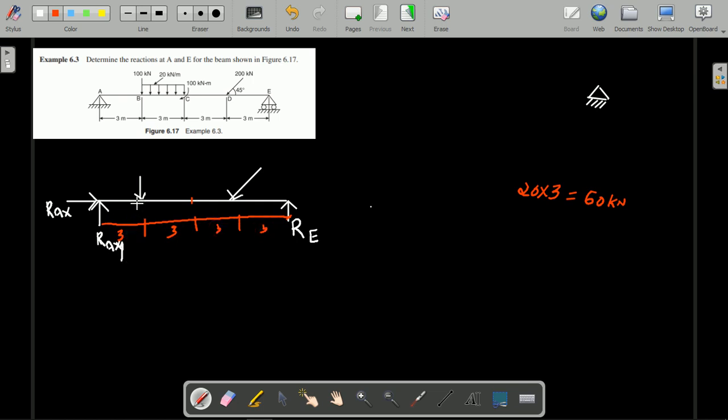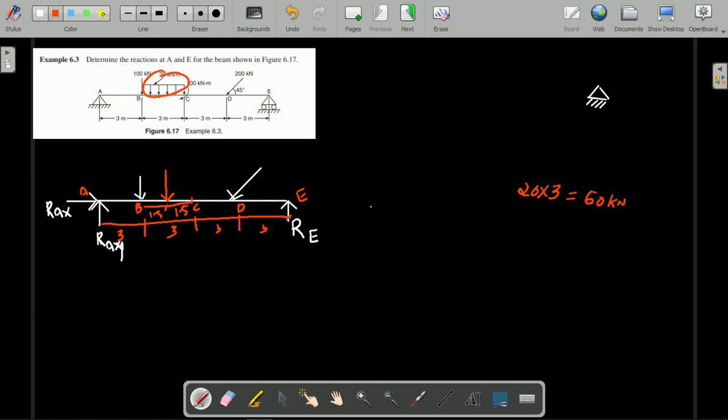So this is point B, point A, point C, D and E. So now we have converted this UDL into the point load, and you need to apply exactly at the center of this span, that is from B to this point it is 1.5, and from here also it is 1.5. Because entire we are having 3 meter, so 1.5 and 1.5.